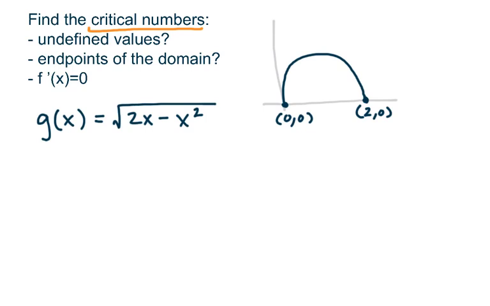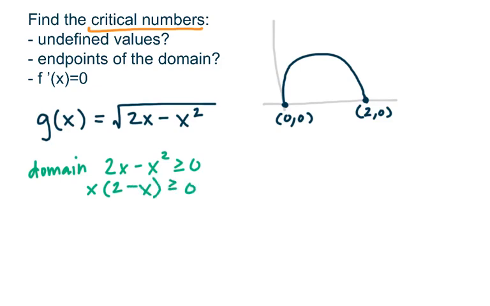So, if we were doing it by hand without just looking at the picture, I would say, well, 2x minus x squared has to be greater than or equal to 0. So this is a polynomial inequality, and we've got to think about where the graph of this is above or touching the x-axis. I can factor out an x, and that gives me 2 minus x.